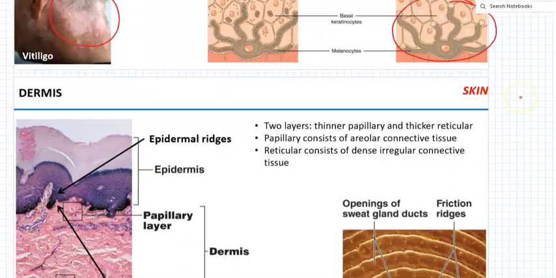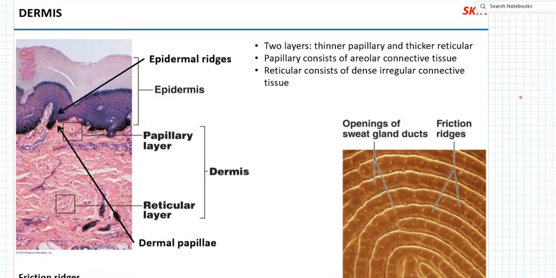Now, when you start looking deeper in the skin, under the epidermis, you see the connective tissue, two connective tissues in fact, that represent dermis. So dermis consists of the superficial papillary layer, which consists of loose areolar connective tissue.